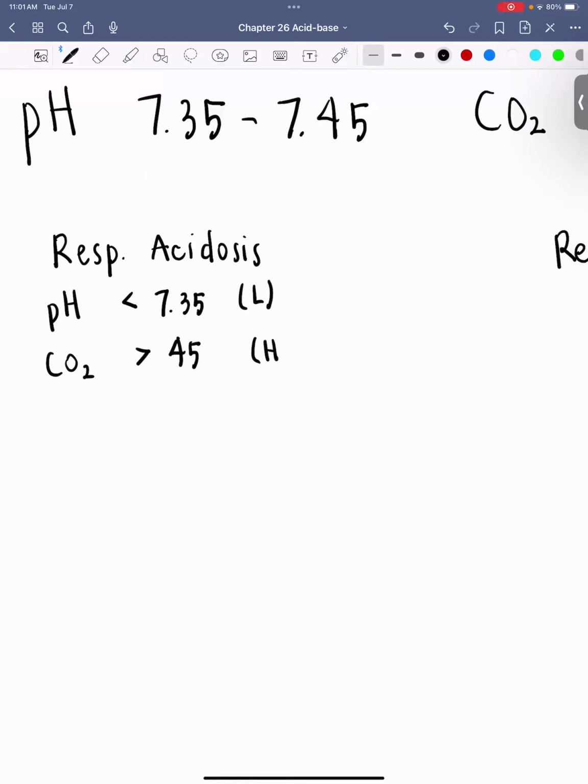Remember, the relationship between carbon dioxide and pH is an inverse one. And then our bicarbonate will be within normal limits if this condition is uncompensated.